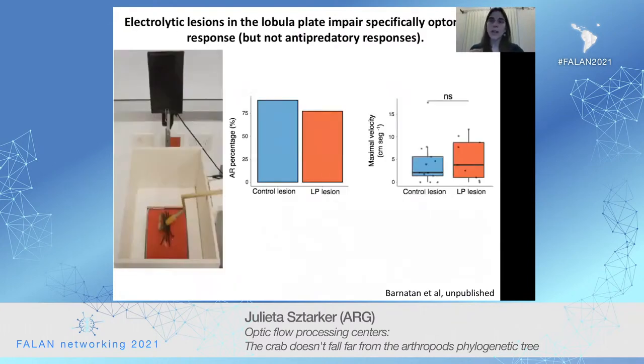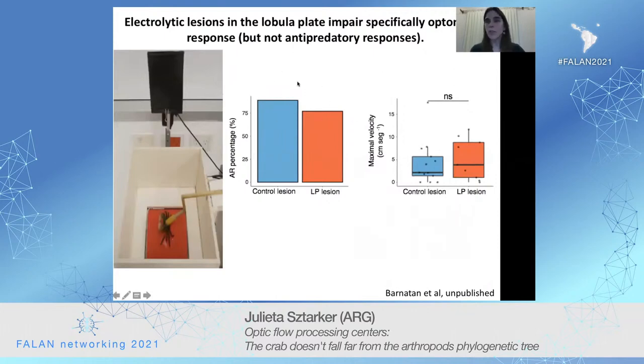Importantly, this impairment was specific to optomotor responses, because when we measured the response of the same animals to an approaching stimulus that could be dangerous for the animal, they elicited the same type of anti-predatory response in control groups and in lobula plate lesion animals.